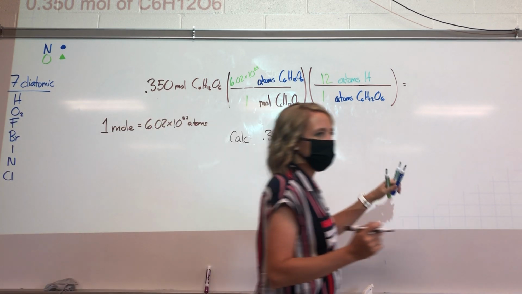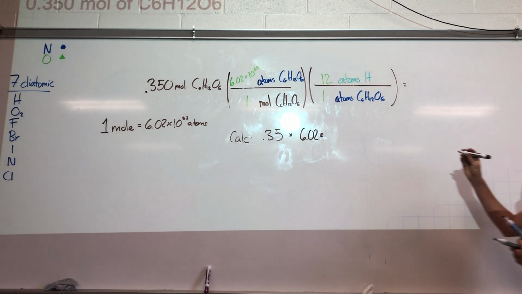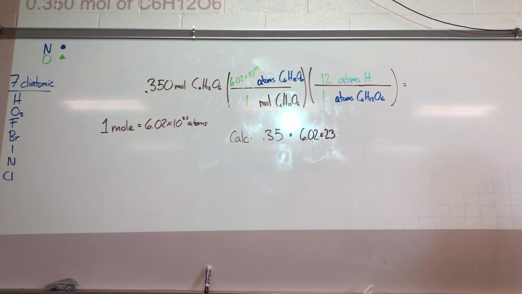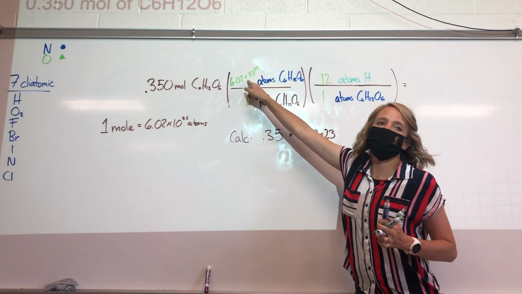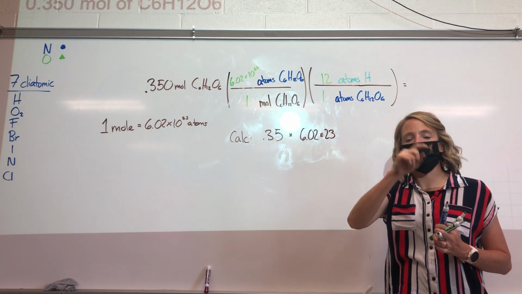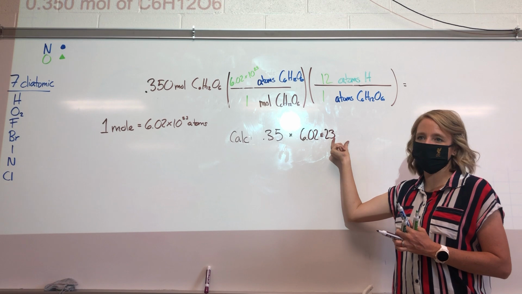Type 6.02 and then hit second comma, and then you only have to type 23. So this takes care of the times 10 to the power. Rather than having to type times 10 to the power of 23, you just do number E23.